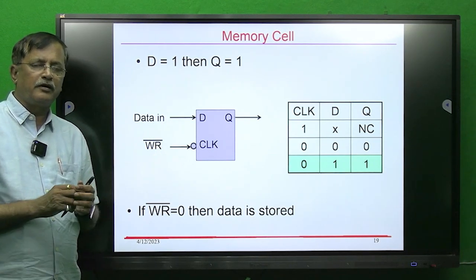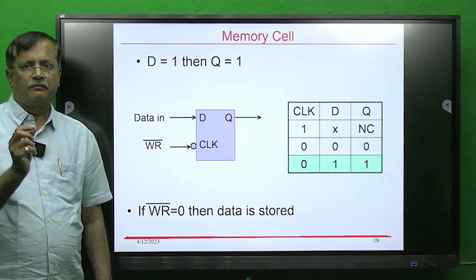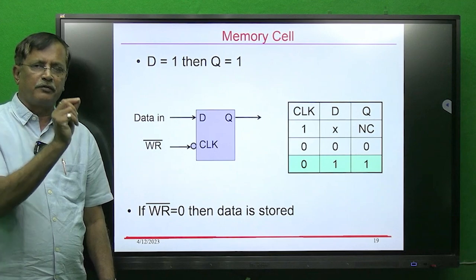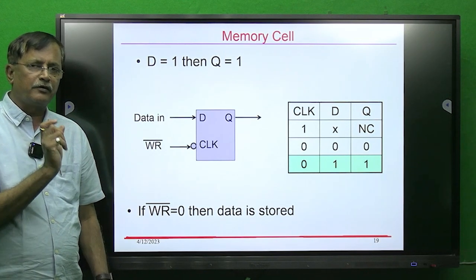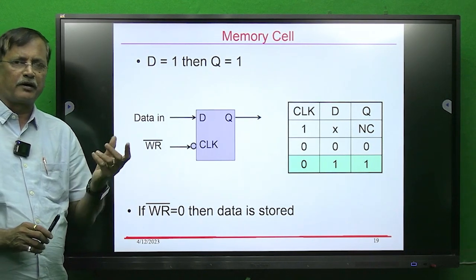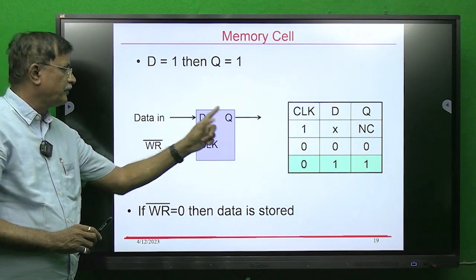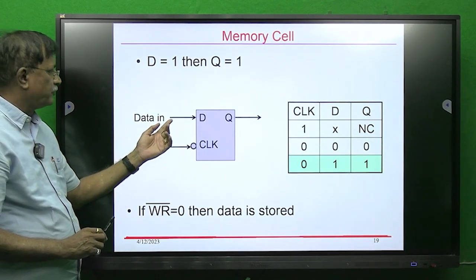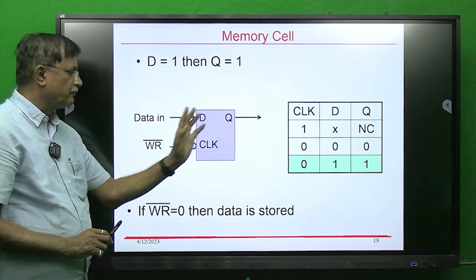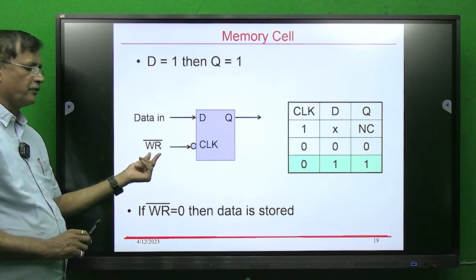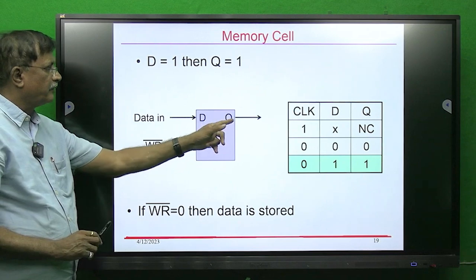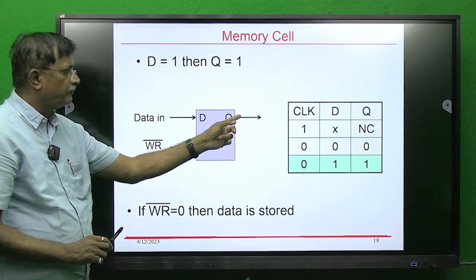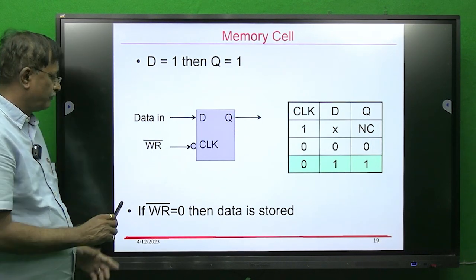This write control signal is a low pulse, meaning it will go to 0 for a very short duration, maybe a microsecond, and during that short period the data will be stored in this flip-flop. So if it is 0, you get 0 here. If it is 1, you get 1, provided the signal is 0. Otherwise, the data at the output will remain as it is.